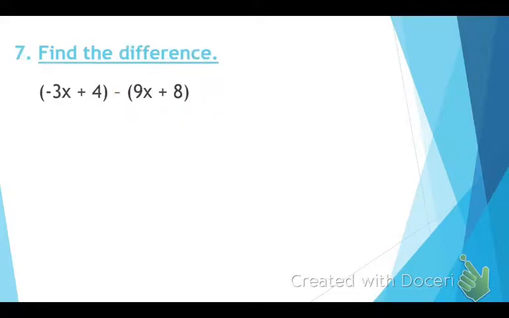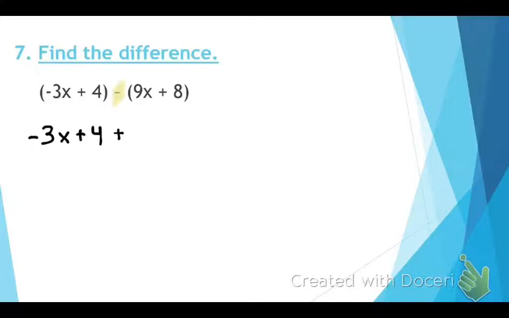For number 7, this was the most commonly missed problem on our quiz yesterday, okay? So I do not need those parentheses there. So drop down without the parentheses. Do we like it when there's a negative in front? No, we have to distribute that negative sign to everything on the parentheses behind it. I give you permission to change that minus to a plus, but what has to happen to everything on the inside?